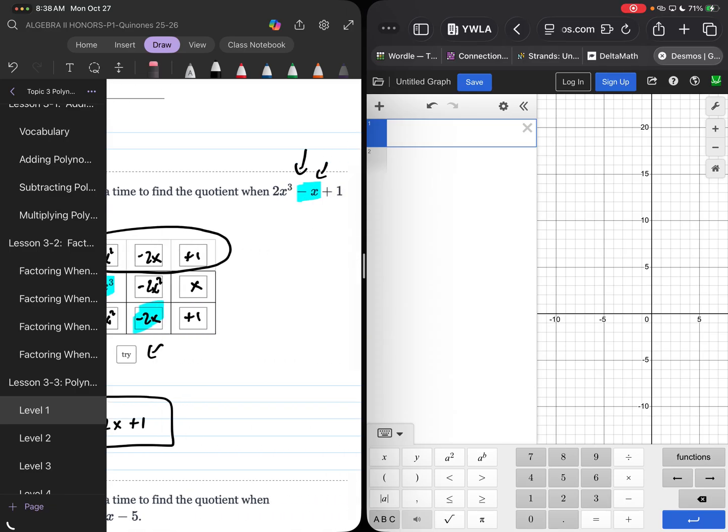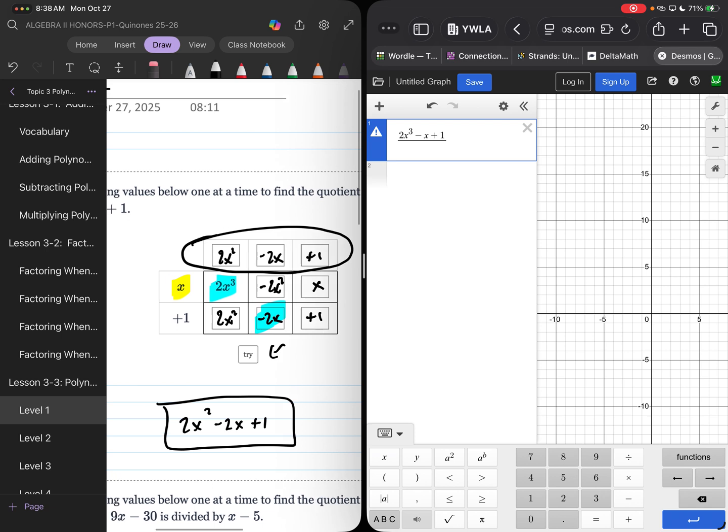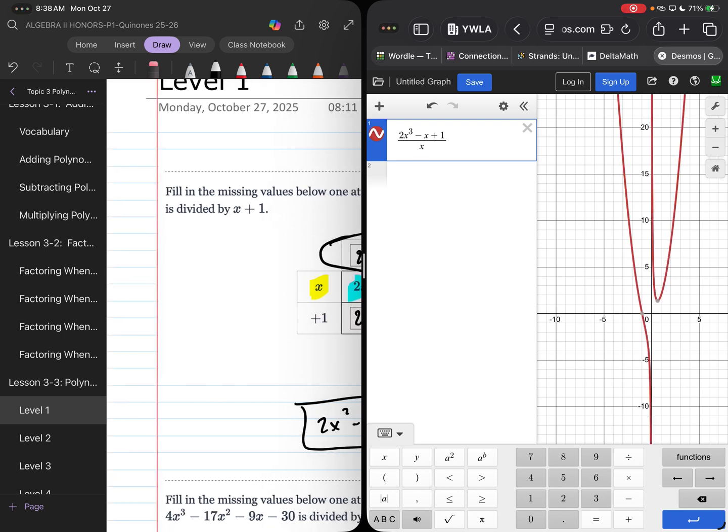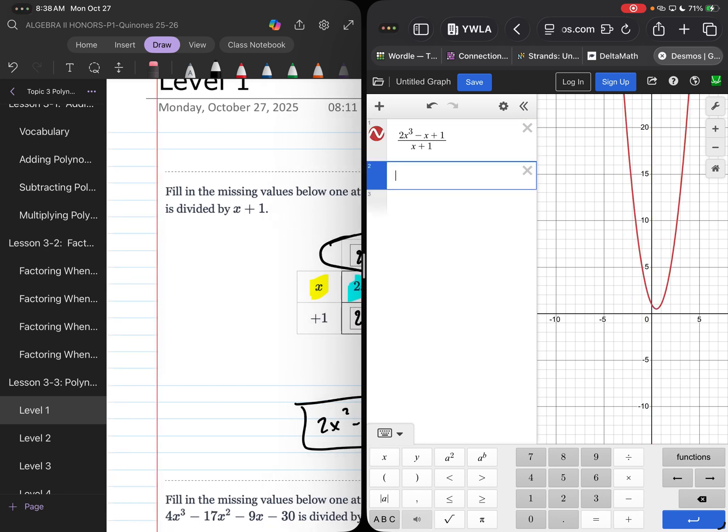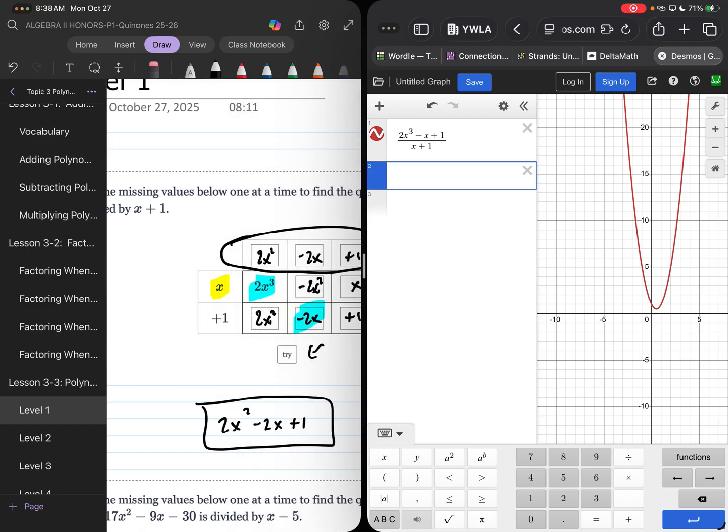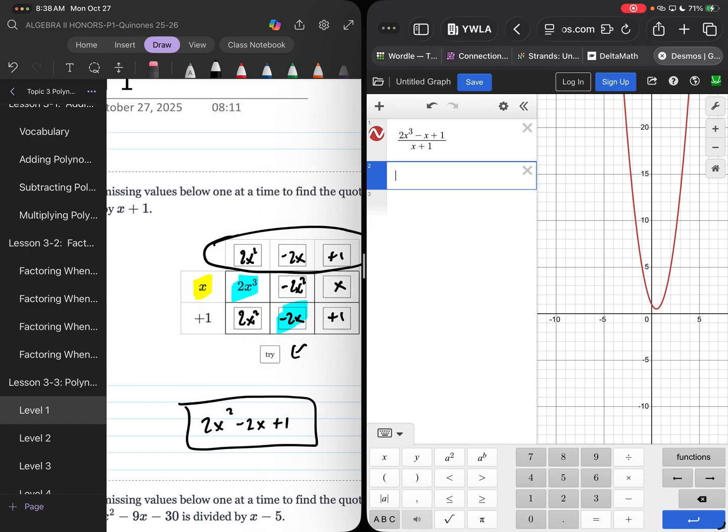We have the division of 2x cubed minus x plus 1 divided by x plus 1. Okay, so then in our results, we need to put in what we got, which was 2x squared, good, minus 2x plus 1. If they're right on top of each other, we did the division correctly.